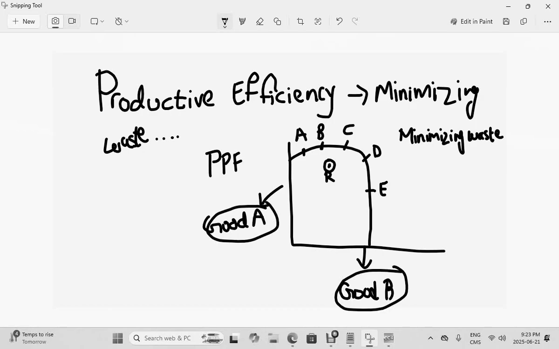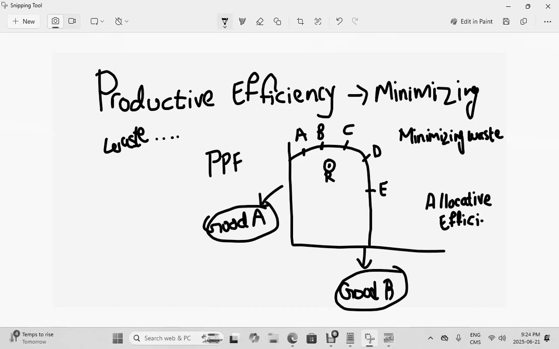Now, on the other side, you have something called allocative efficiency. This has to do with marginal benefit, and when I talk about marginal benefit, this has to do with marginal benefit to the society. So how much of a profit does a society make when you produce good B?